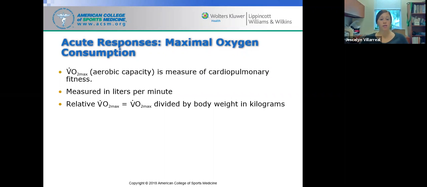Max O2 consumption. We're looking at VO2 max. That's your max oxygen consumption, and it's a measure of cardiopulmonary fitness. It's the most widely recognized measure of cardiorespiratory endurance. We can use the Fick equation on page 139.